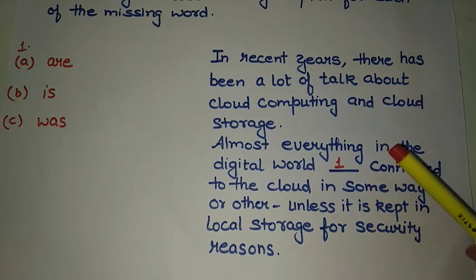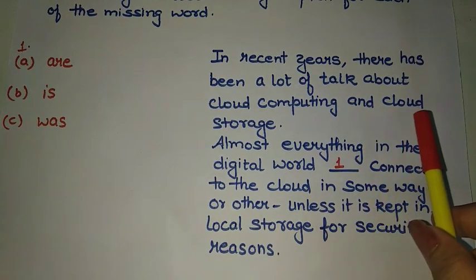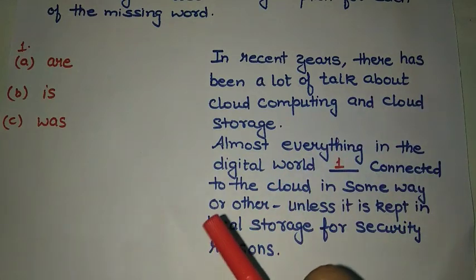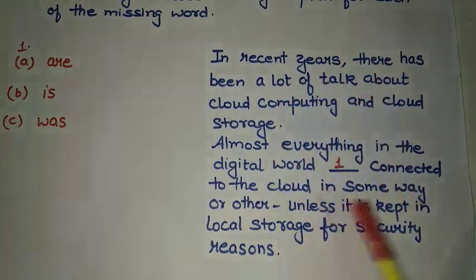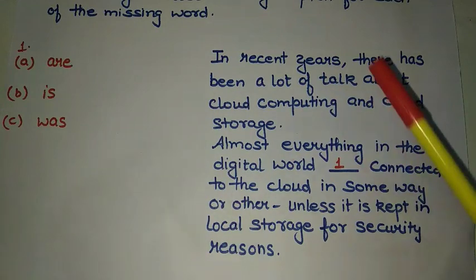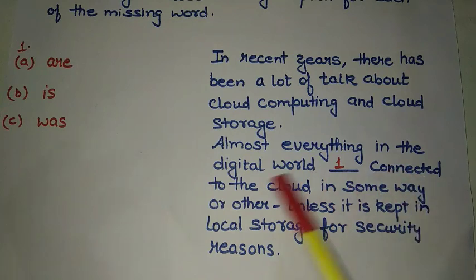Now here you see this paragraph. The paragraph says, in recent years there has been a lot of talk about cloud computing and cloud storage. From this statement only, I can take the idea that this paragraph is all about cloud computing and cloud storage. Then, almost everything in the digital world dash connected to cloud in some way or other, unless it is kept in local storage for security reasons.